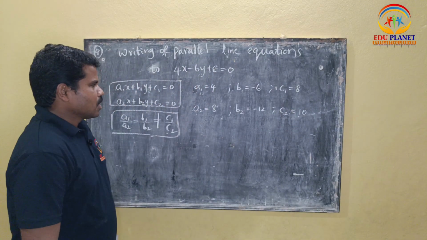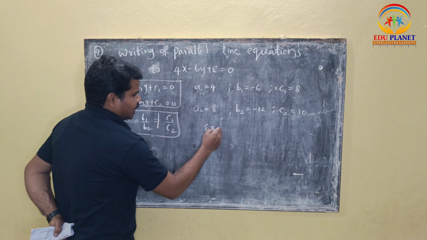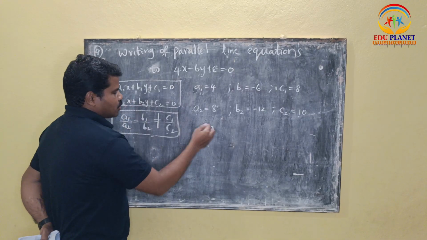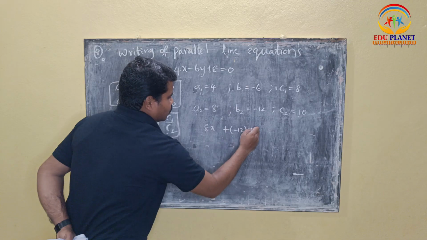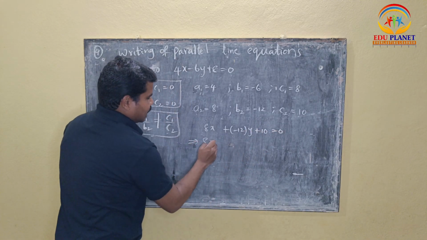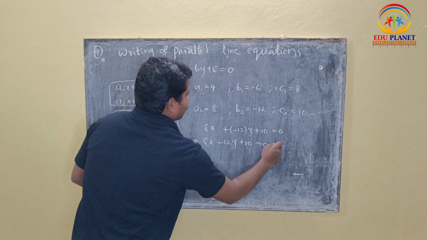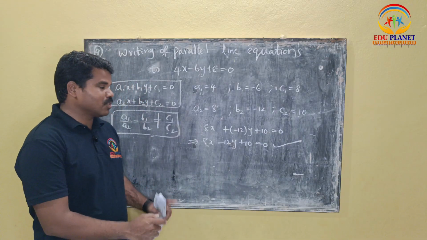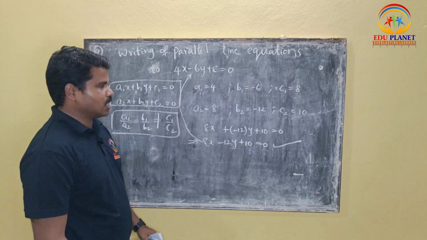So the equation is: 8x plus minus 12y plus 10 equals 0. Successfully, I created one linear equation in two variables which is parallel to the given equation.